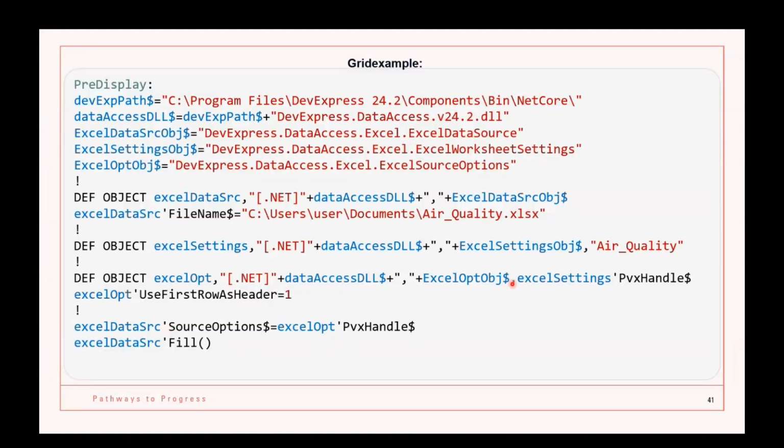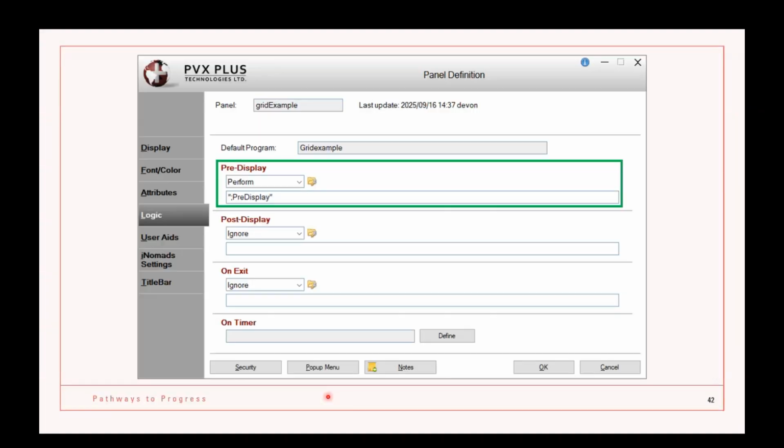What this does is it actually reads and pulls all that data and loads it into memory. And this, of course, I've put all under a label pre-display, so we can do it before we even actually draw anything on the screen, and everything can be nice and fast. So then in my panel definition, I can specify that during pre-display, I want to run that code I just defined.